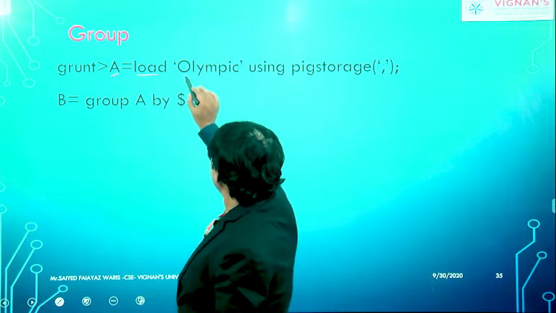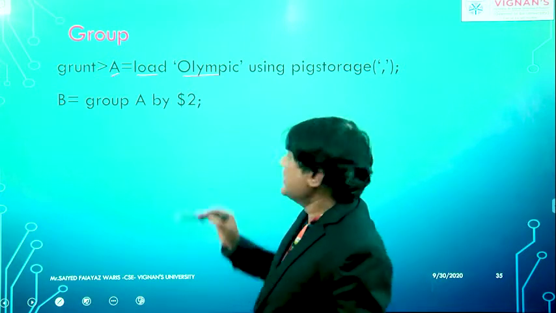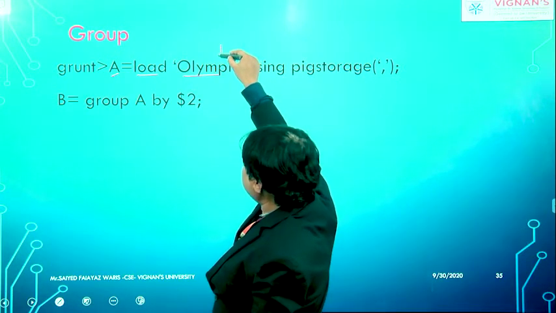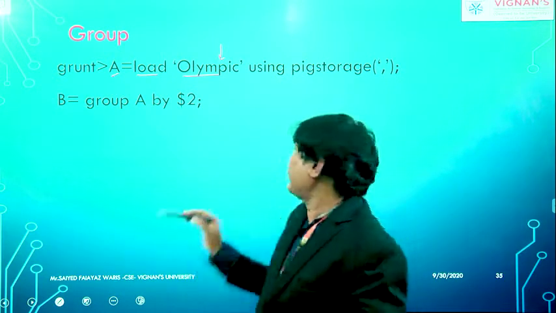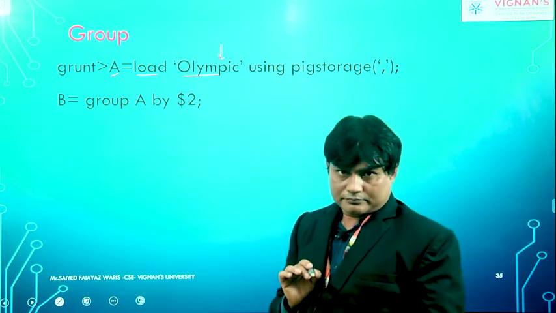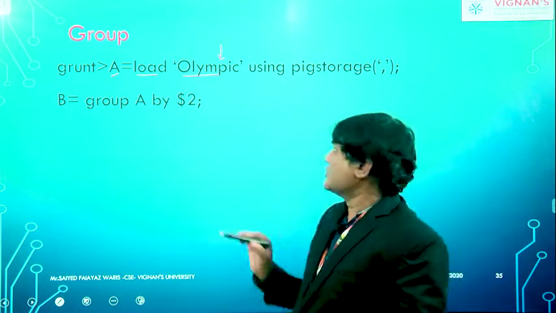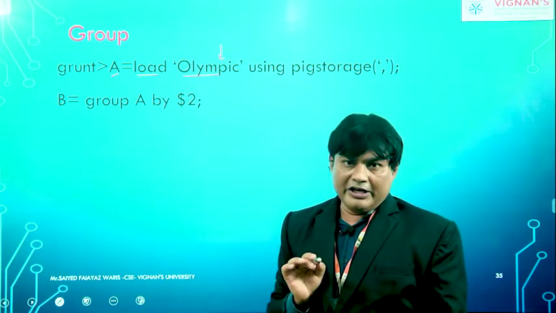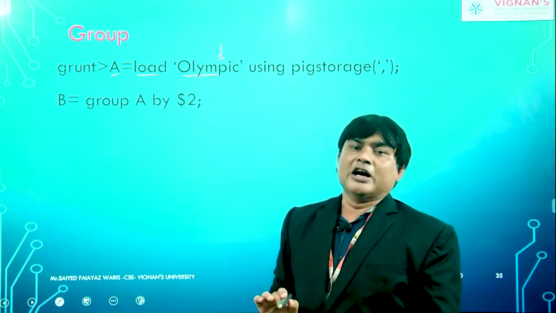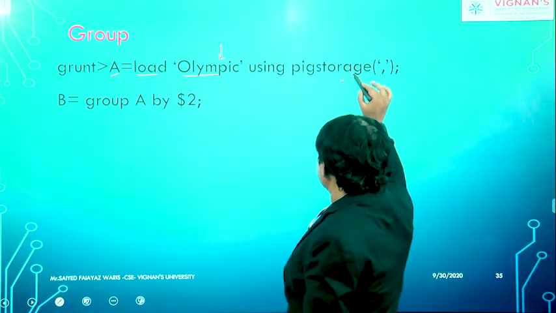My file name is Olympic. Using PigStorage means that the fields in this file are separated by comma. We are not using the default option. So we are mentioning that this file has fields and all the fields are separated by comma only.